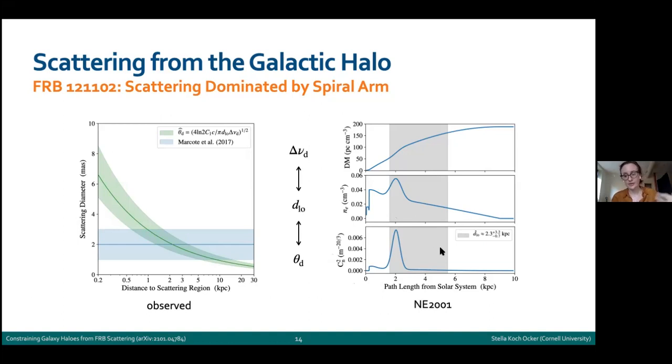And it lies well within the galactic disk, which extends out to about 15 kiloparsecs. And so for this FRB, we can say that the scattering is almost entirely coming from the outer spiral arm and galactic disk. And so we really don't expect much scattering to be allowed from the galactic halo along this line of sight.